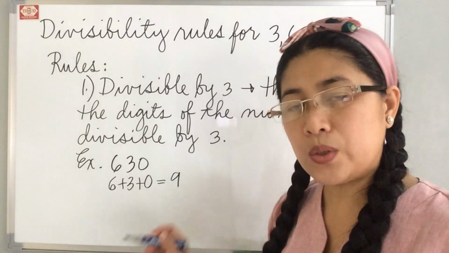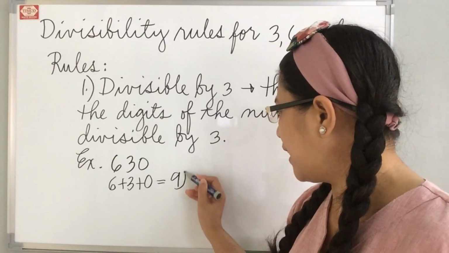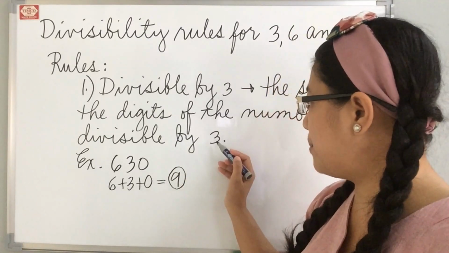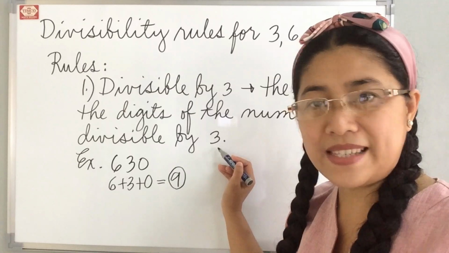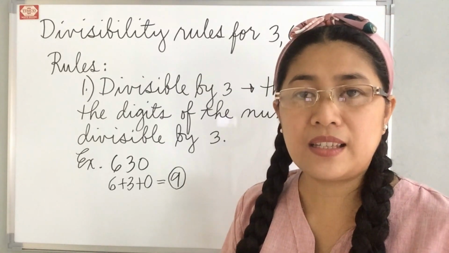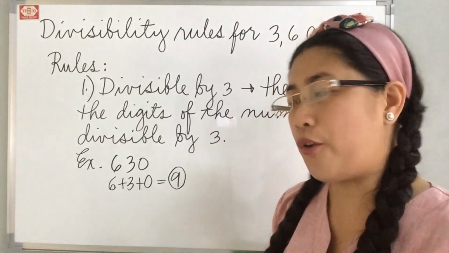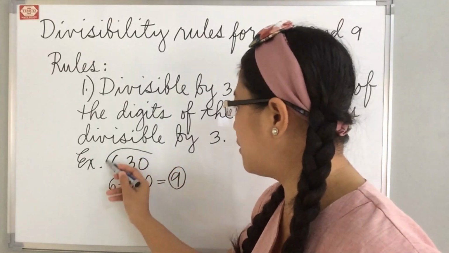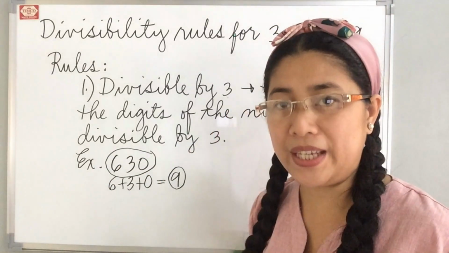Now, look at the sum. 9. Can 9 be divided by 3 without remainder? Yes. Because 9 divided by 3 is equal to 3. Therefore, this 630 is divisible by 3.